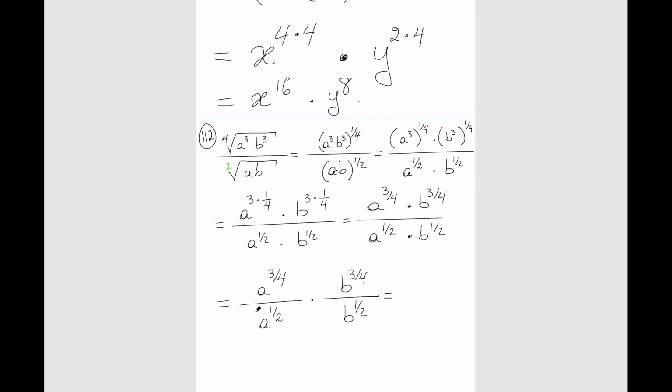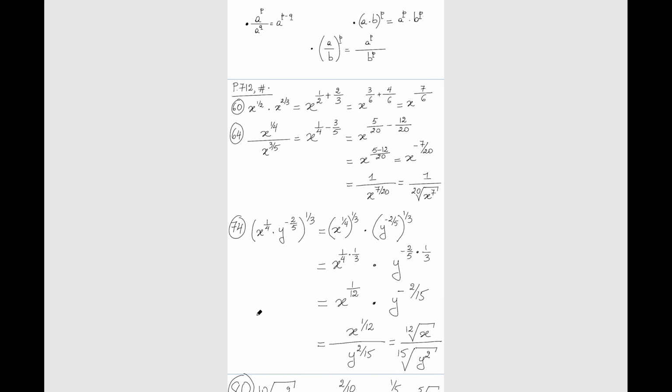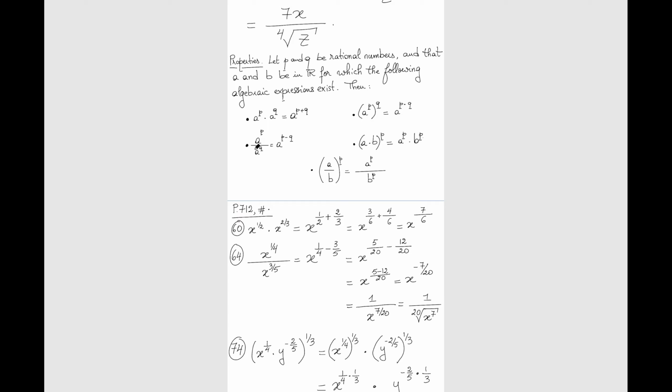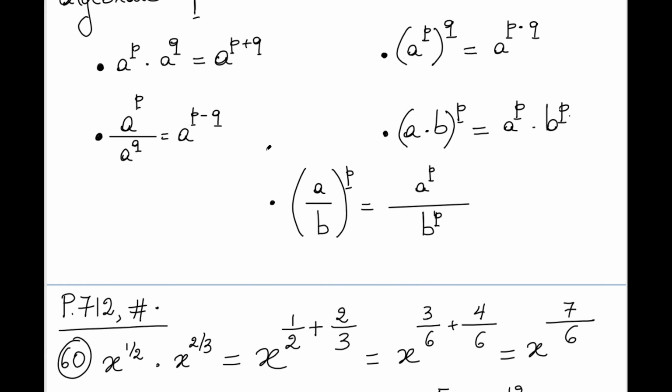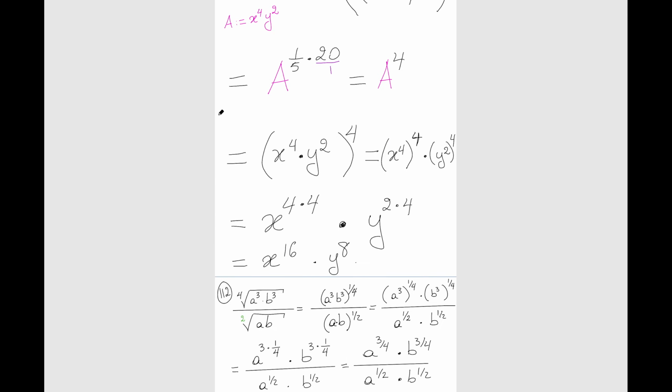So for each one of them, I can employ this property right here. Again, this property is about having a quotient of two exponential expressions with the same base. You keep the base and you perform this difference. Okay.